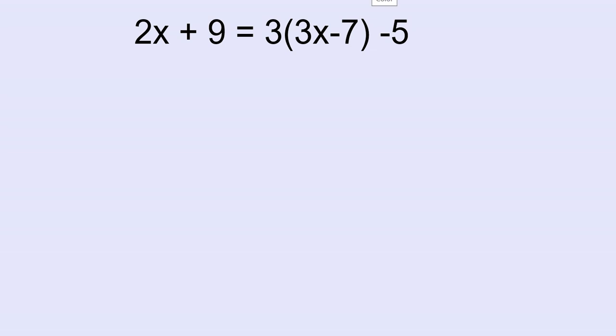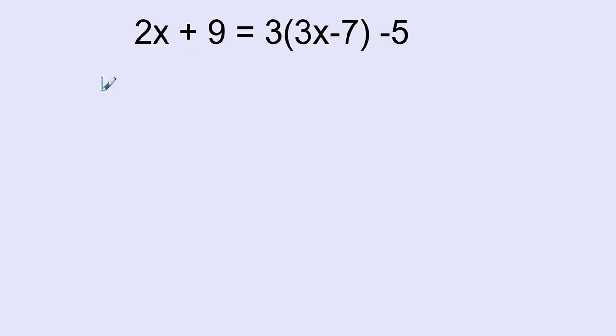When we are working with our algebra tiles, we know that we would have 2 positive x's on the left and 9 of the small squares of my constants. And then I have 3x minus 7 minus 5. So let's talk about what this means. Once again, the 3 and 3x minus 7 means I have 3 groups of 3x minus 7.